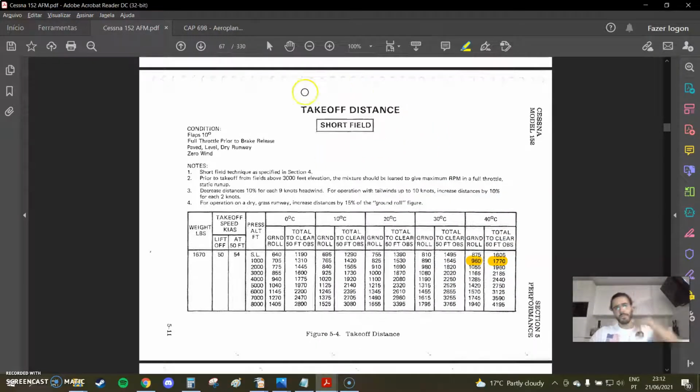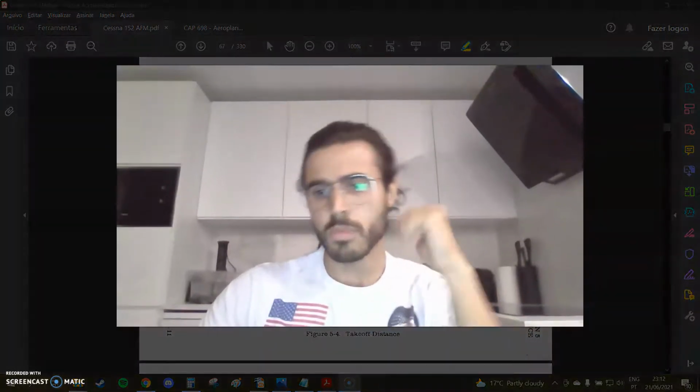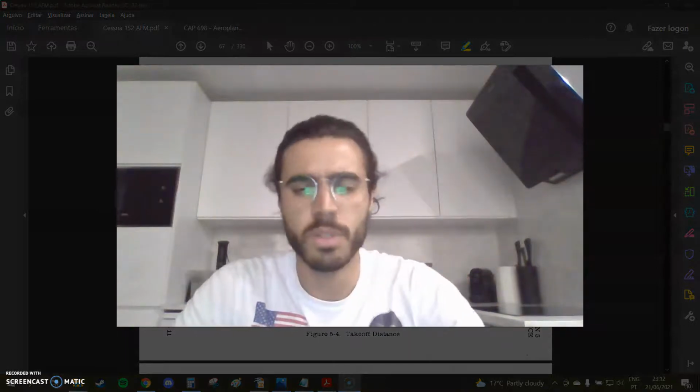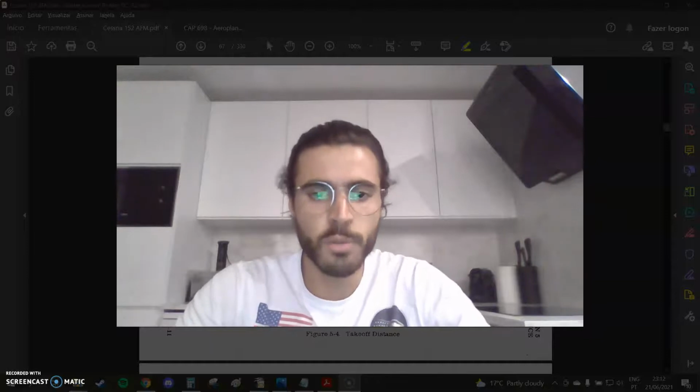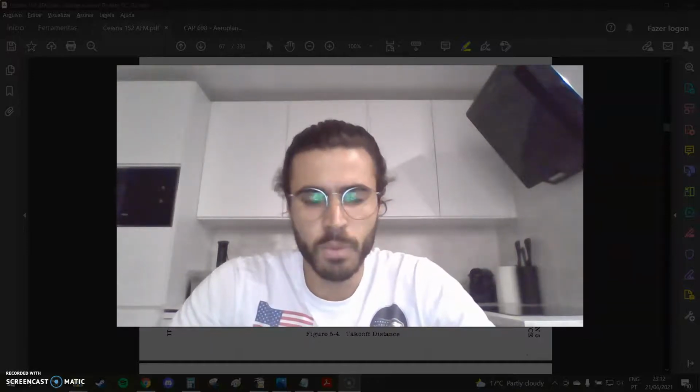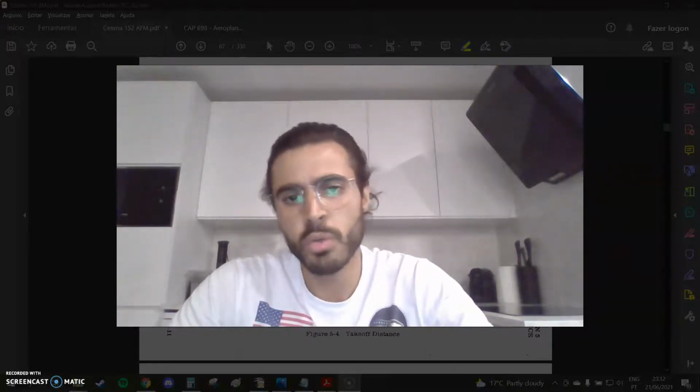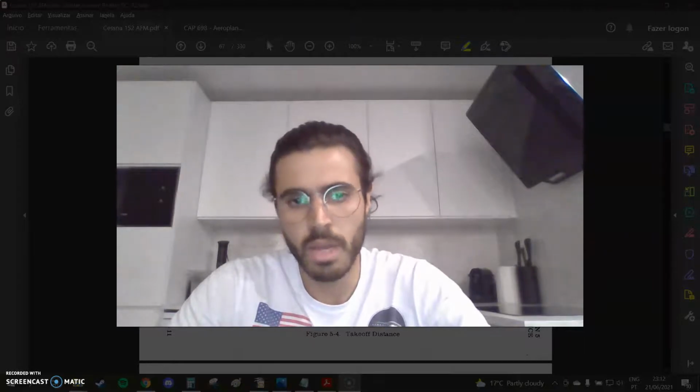So first of all, when you come here for the takeoff distance, basically with performance we want to check four things. First of all, can I take off from the runways I want to take off? Cruise performance: how do I want to cruise?